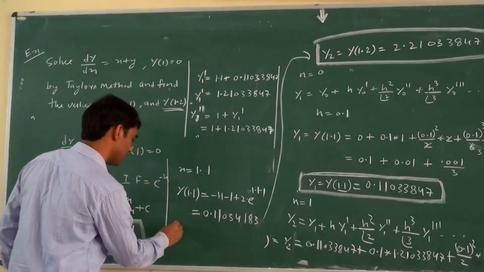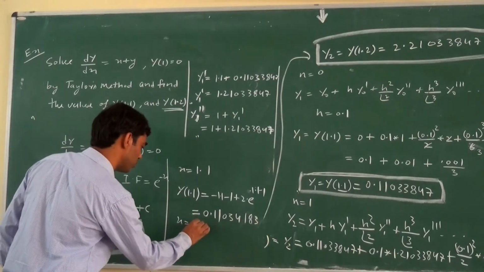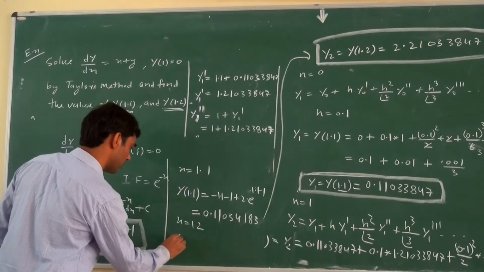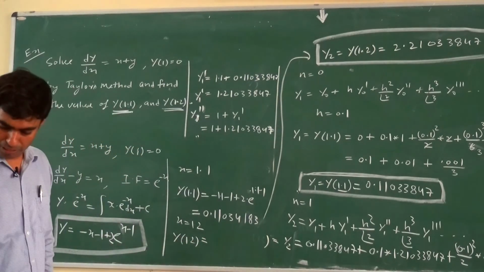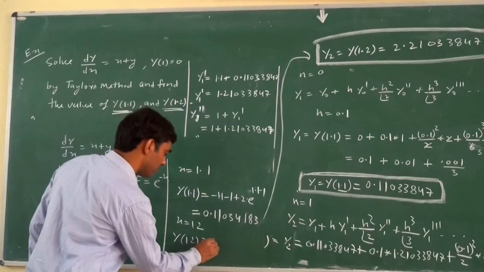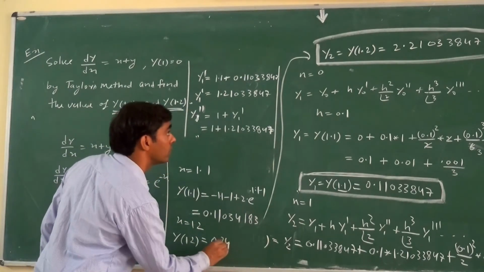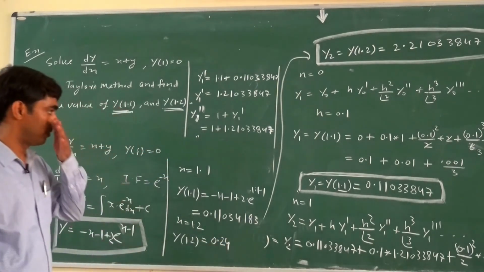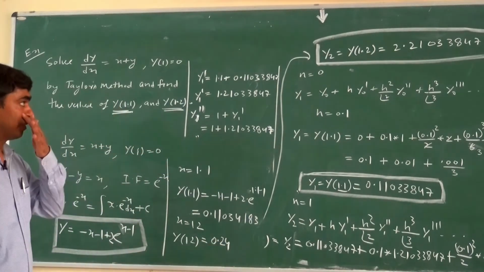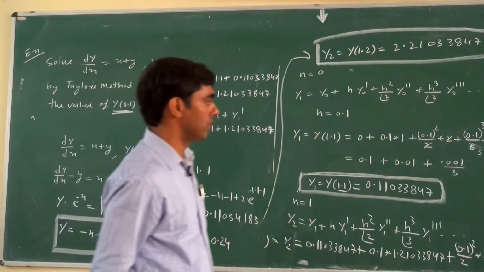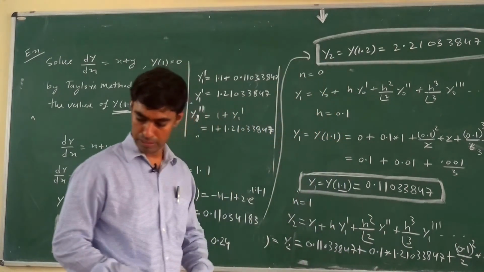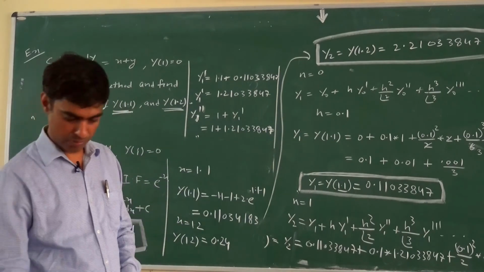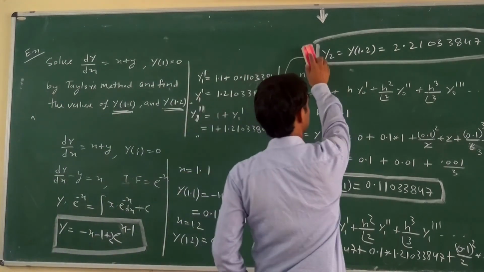Similarly, if you put x equal to 1.2 in this expression, I think we noted down the wrong value. This one is not a correct value.